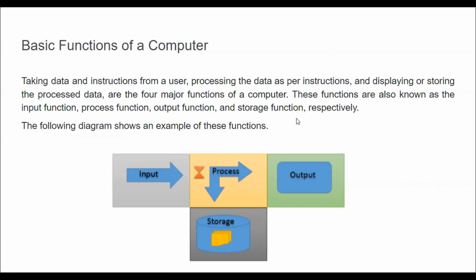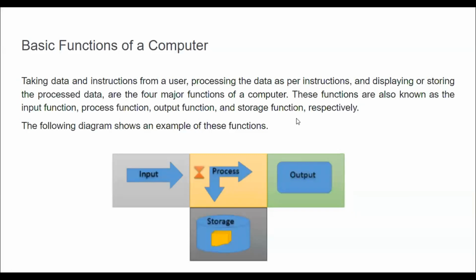So the basic functions of a computer are inputting, processing, outputting, and storing. Although even basic computers are capable of sophisticated processing, the processors themselves are only capable of performing simple mathematical operations. Taking data and instructions from a user, processing the data as per instructions, and displaying or storing the processed data are the 4 major functions of a computer.